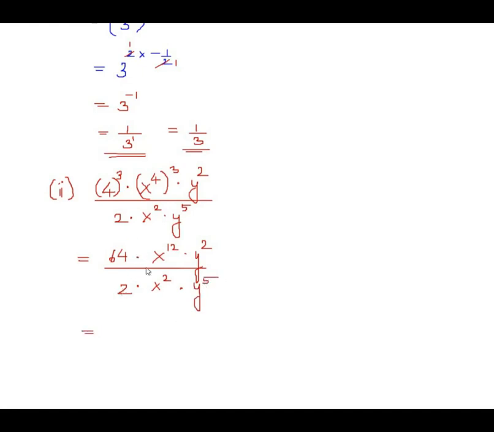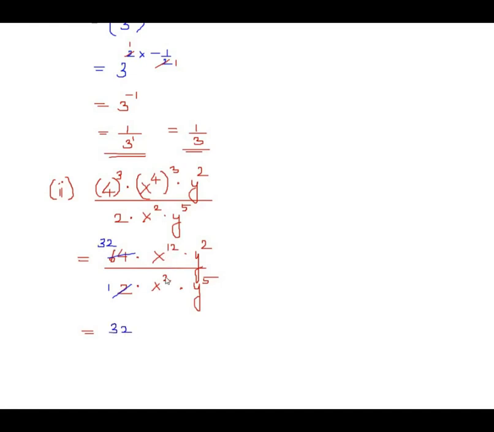Now just make sure that you are keeping the letters arranged one below the other. So below the x, keep an x. Below the y, keep a y. Now we can just divide 64 and 2, which goes in the 2 table, 2 one time, 2 thirty-two times. So we have 32 over here.